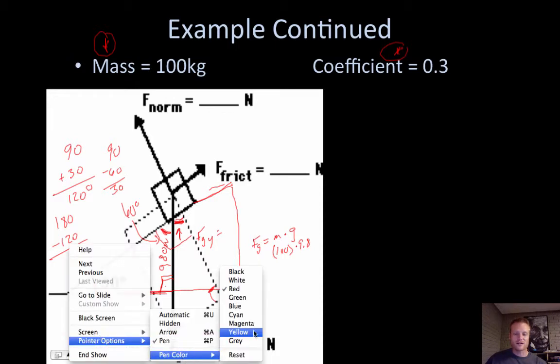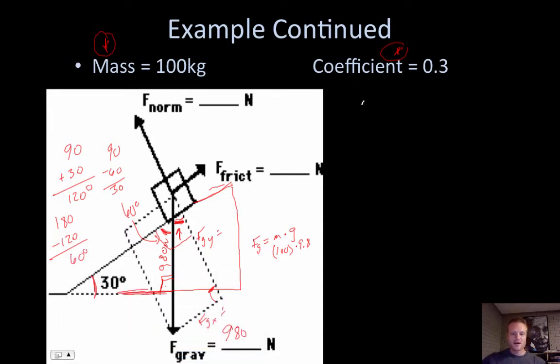Let me change pen colors for that. So I'll do F sub gy first, okay? Basically, I need to know cosine of 30 degrees equals F sub gy over the hypotenuse, which is 980 newtons. And if I do that math, I get an F sub gy that equals about 849 newtons.